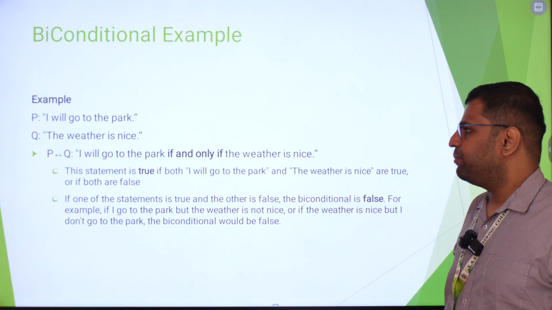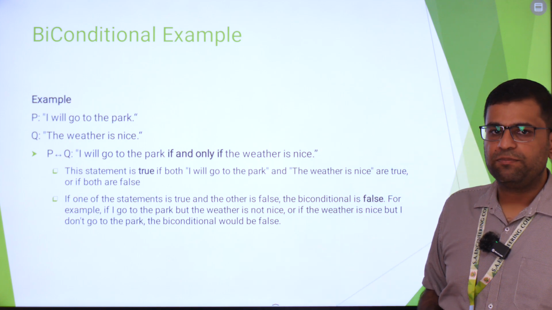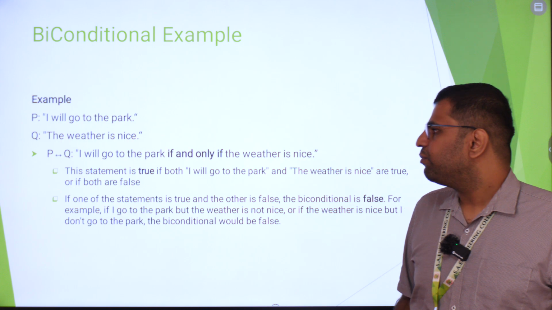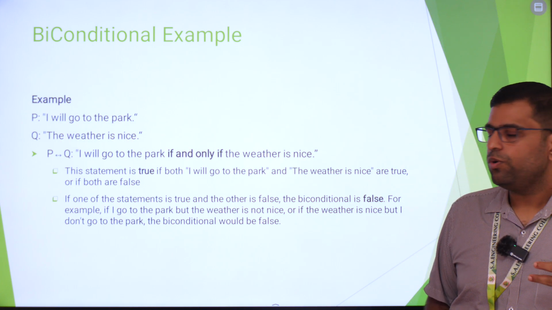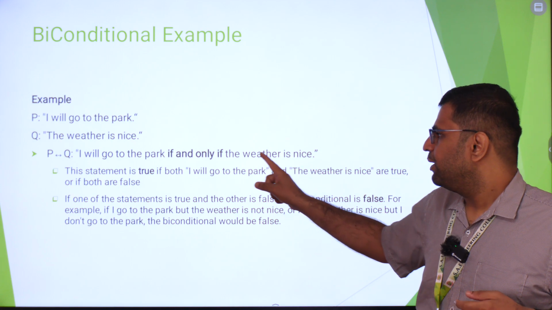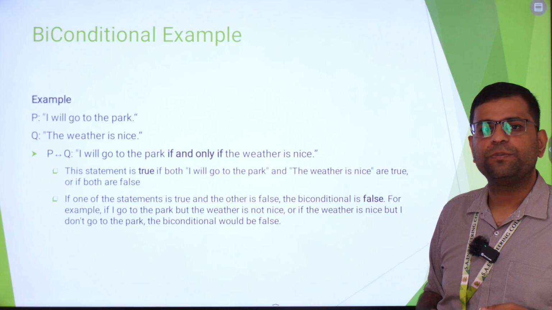And we'll see an example. Let's say, I will go to a park is one statement or proposition, and the weather is nice. I'll go to a park if and only if the weather is nice. Both statements should be true for the entire expression to be true.